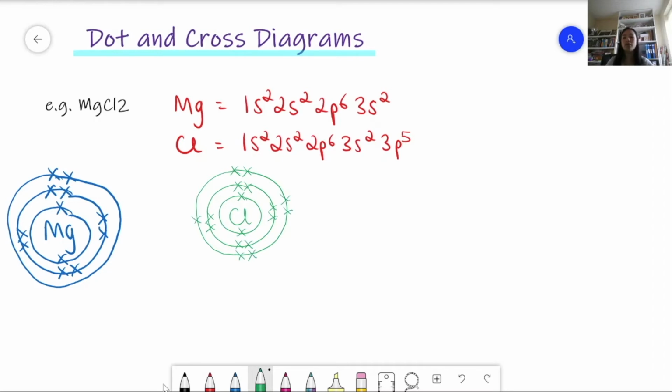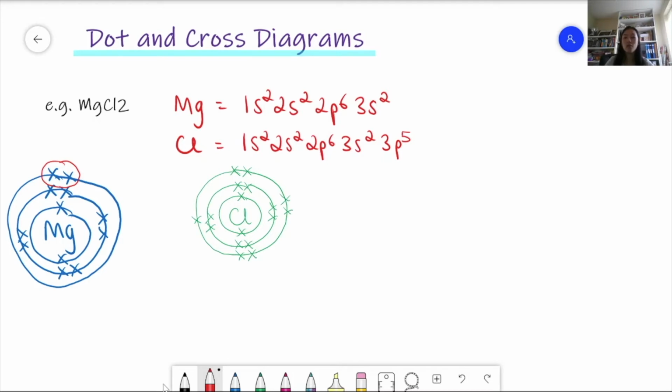Okay, so now I've drawn them out, I can have a look at what each of them needs for a full outer shell. So I can see that magnesium has these 2 extra ones here that it doesn't really need for a full outer shell. The 2 ways in which you can get a full outer shell is either to add 6 electrons or to take away 2 electrons.